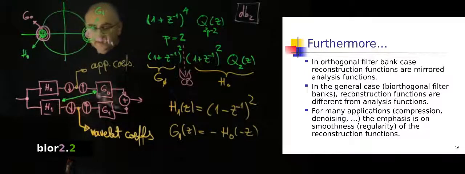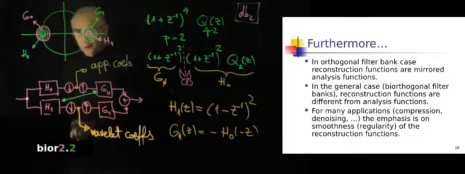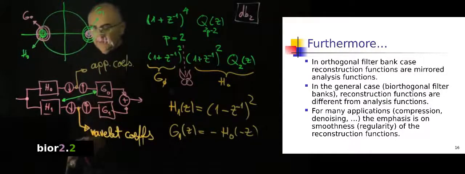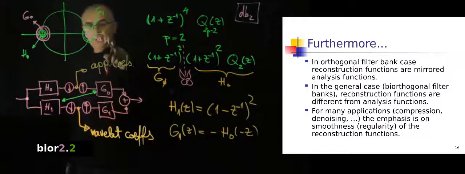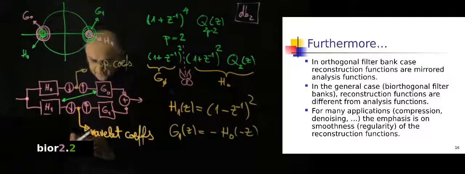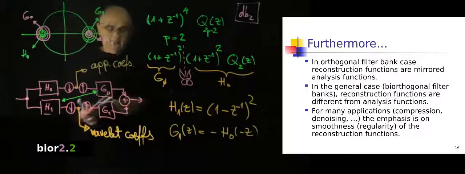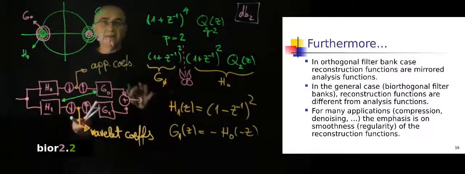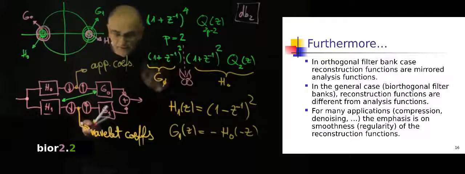So this guy and this guy have two zeros, so J0 and H1, they have two zeros. H1 has two zeros at the DC frequency, and the other filter in this variant has also two zeros.